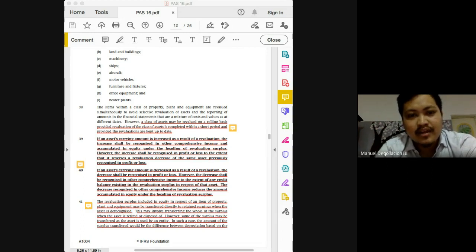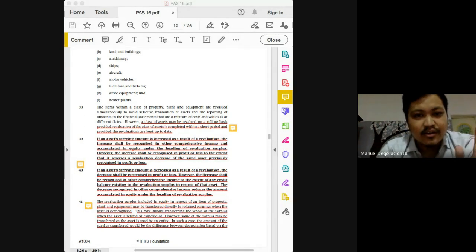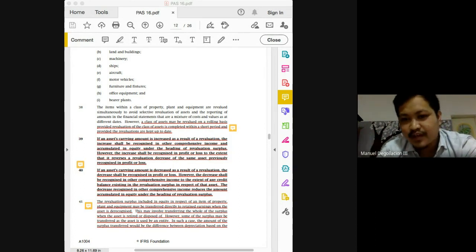Had it been the case, class, wherein the revaluation decrease amounted to 700,000, first revaluation, we have revaluation surplus of 400,000. Second revaluation, we have a revaluation decrease of 700,000. In that case, the 400,000 would be charged against the previously recognized revaluation surplus, while the extra 300,000 revaluation decrease will now be reported as an impairment loss.